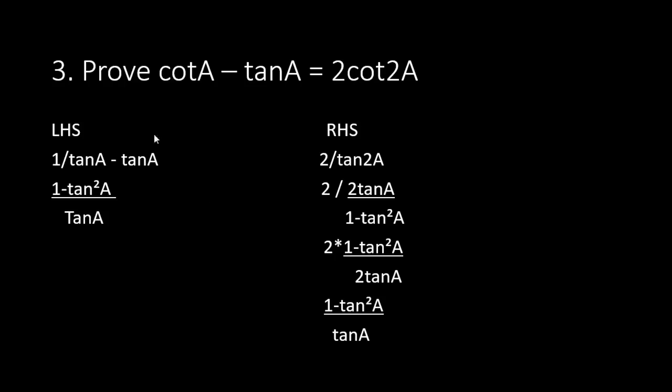So what we're doing here is the exact same with this, making it tan squared A over tan A. If we simplify that, it's actually tan A. But we unsimplify it, and then we put it into this, so it's 1 minus tan squared A over tan A.